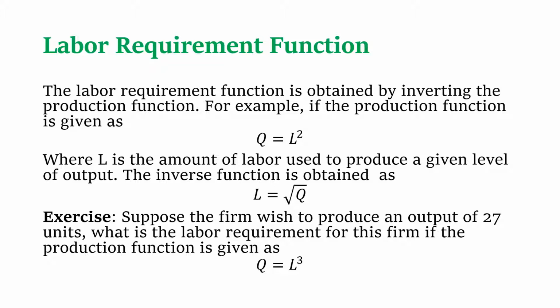We want to know the number of workers that it needs to produce 10 tons of rice. The only way to do this is to obtain the inverse of the production function. If we obtain the inverse of the production function and plug in the values of the outputs that the farm is supposed to produce, then when we solve, we'll know how many workers we need to produce a given level of output.